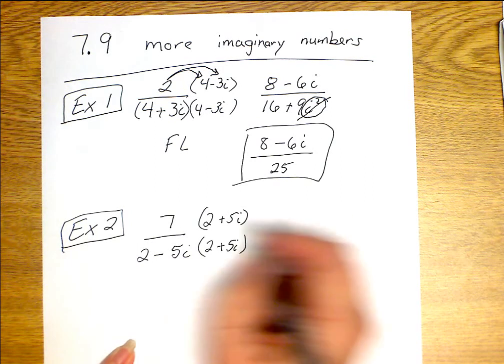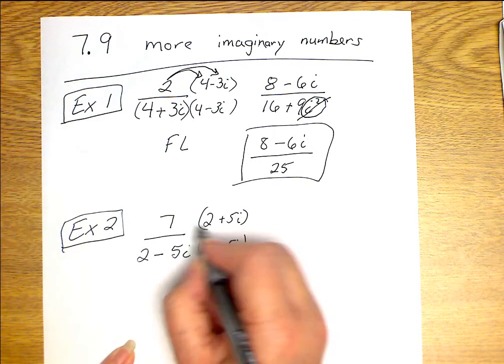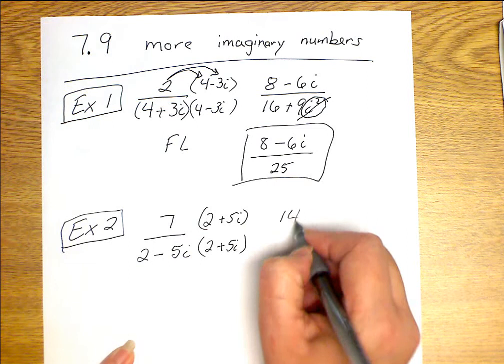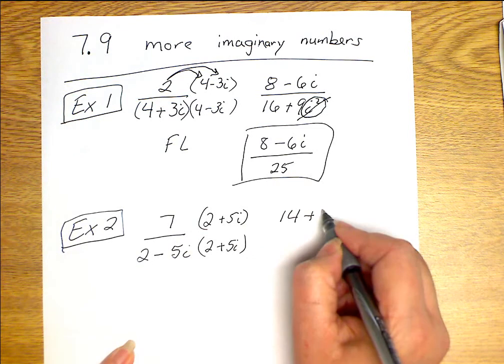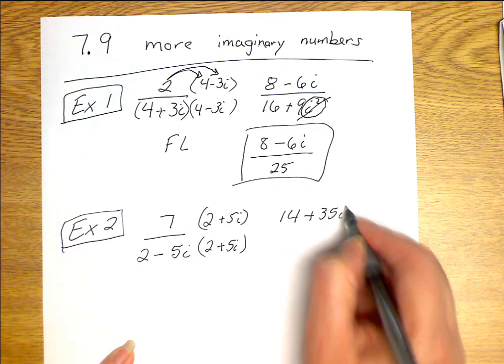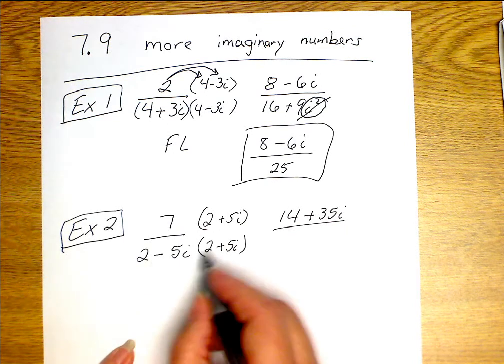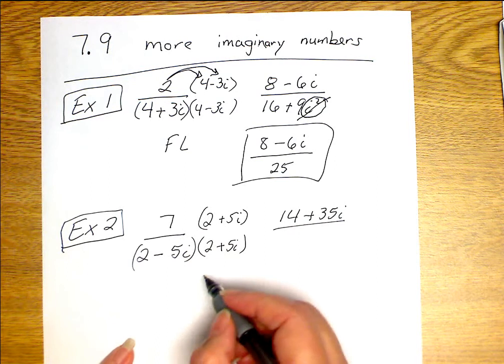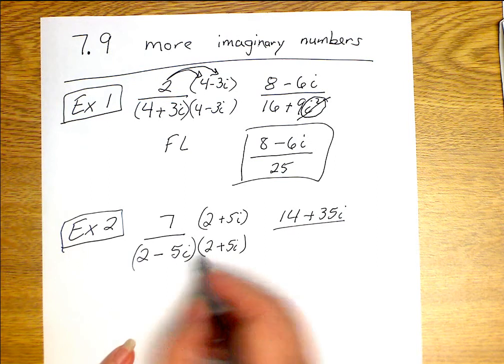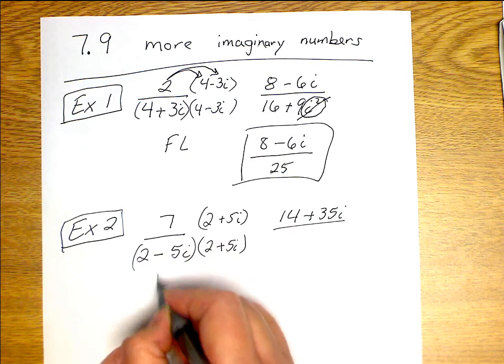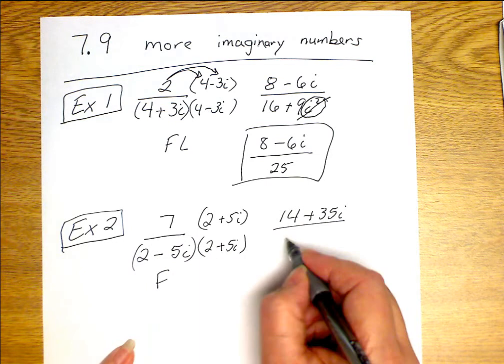Distribute, so we have 2 times 7 is 14, plus 5 times 7i is 35i. Bottom, remember you can FOIL it to see if that's what happens, but always the middles are going to drop out. So you do your first, which is 2 times 2 gives me 4.